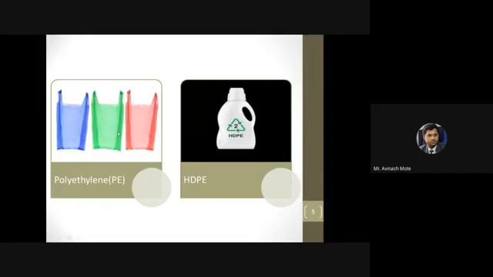This is called polyethylene plastic, and it is mostly used for the manufacturing or production of carry bags, and also for plastic bottles. The advantage is that it is very low cost, easy to carry, and durable also.